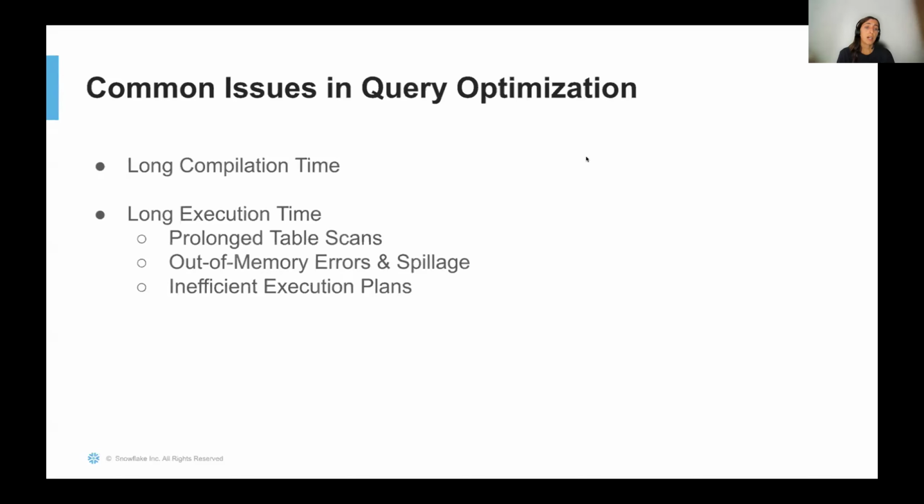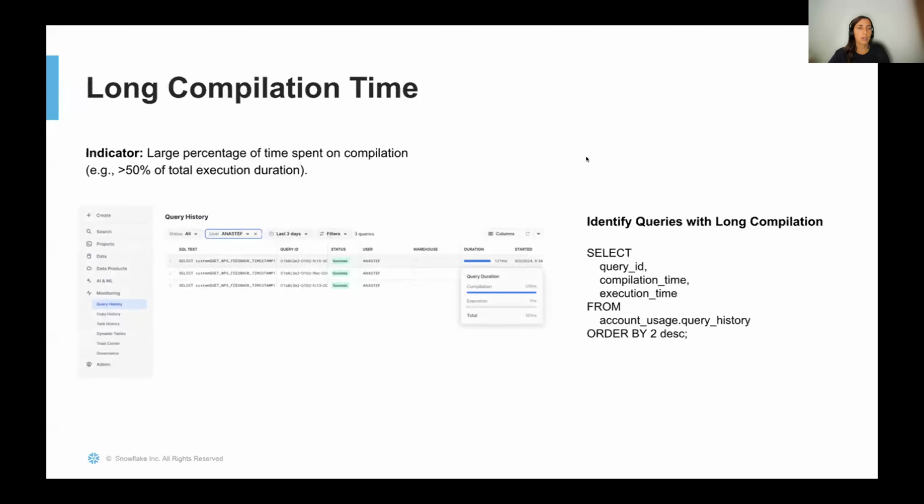We will have a look at the out-of-memory errors and spillage. These issues can also indicate that the query is, let's say, too resource intensive. And finally, we will have a look at the inefficient execution plans, because we know that plans that are, let's say, poorly designed can lead to suboptimal query performance.